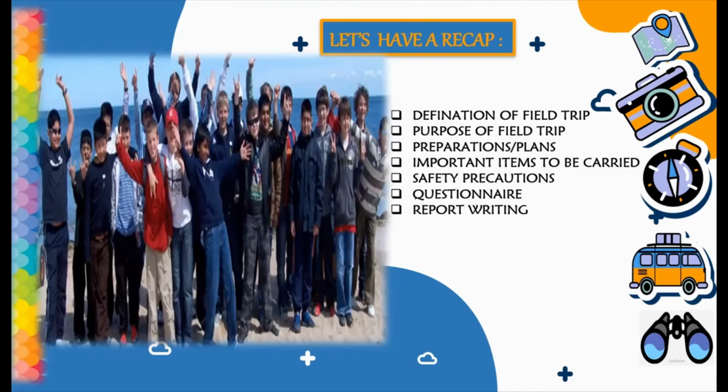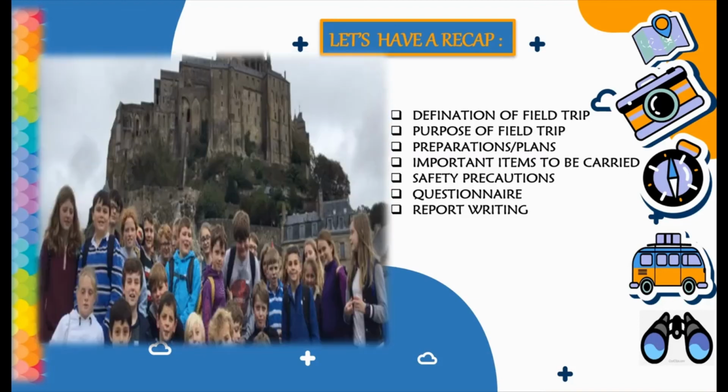Then we also learned about the questionnaire, that is, a research instrument consisting of a series of questions for the purpose of gathering information. Then report writing: after we collect information from the office visited, we have to write a report. For this, one can use maps, tables, layouts, graphs, pictures, and photographs.